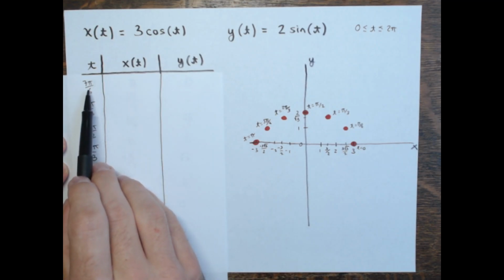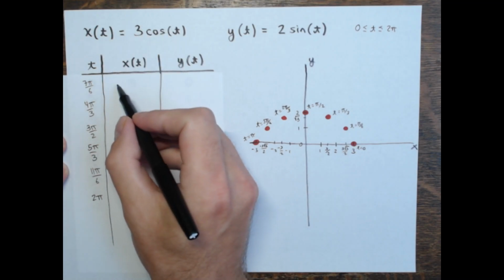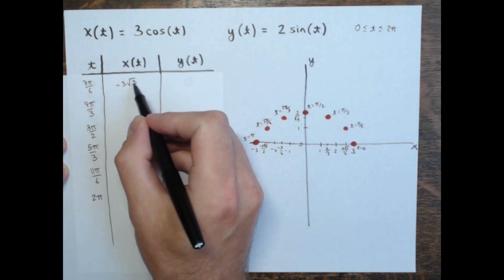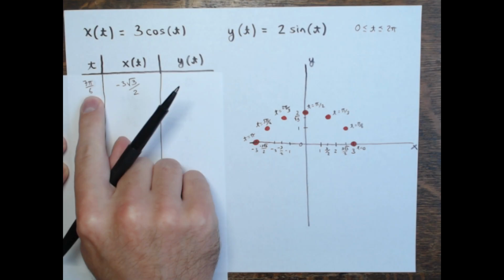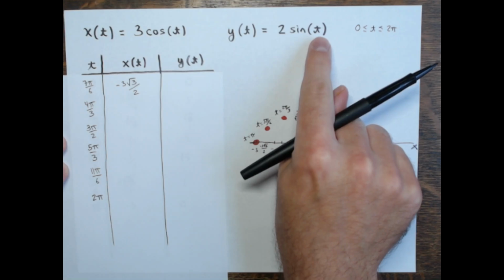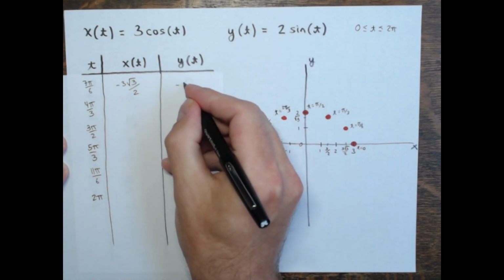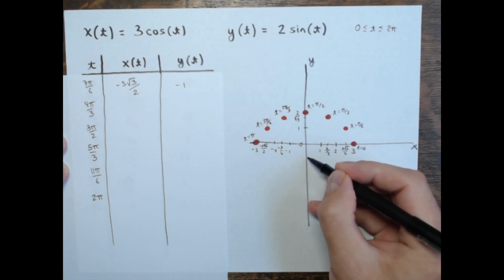When t is 7 pi over 6, cosine of that is negative root 3 over 2. So we have negative 3 root 3 over 2 again for the x coordinate. But now we have a quadrant 3 angle, right? So the sine should be negative. The sine of 7 pi over 6 was negative half, times 2 would be negative 1. So now I'm going to mirror the stuff on the positive y-axis down here, right?